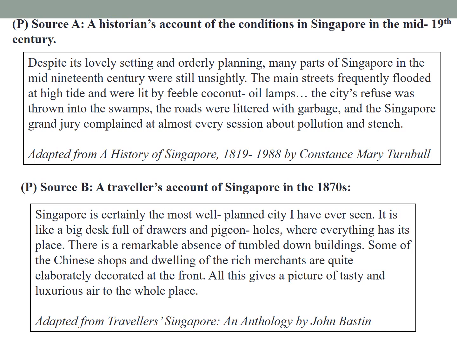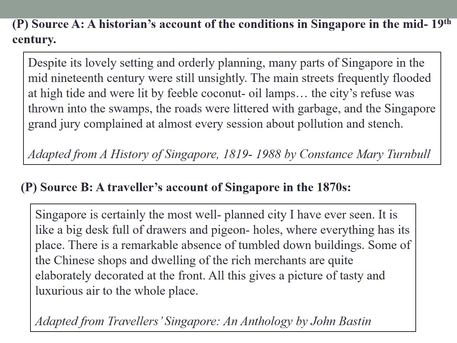There are similarities because source A talks about conditions, and source B talks about conditions as well. There are differences because one is a historian's account, who studied history and writes about it, but here it was an eyewitness account. So there are differences in the author.